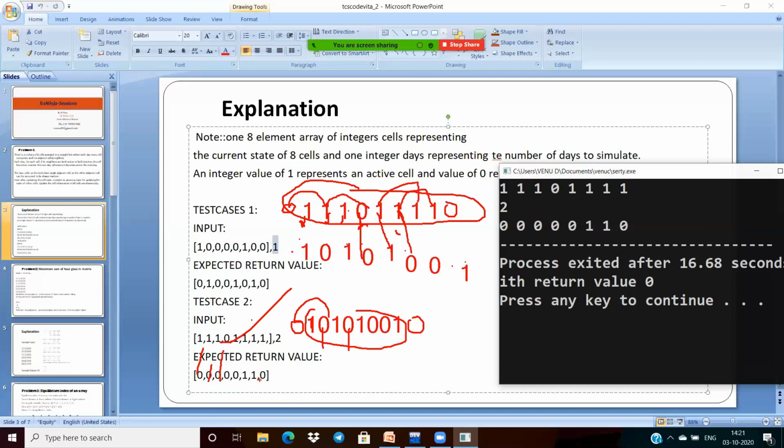Next, 1 1, it is also 0. Next, 0 0, yes, 0. Now 1 0, 1 0 means 1, yes. And 0 1 1, yes. And 0 0 0 0 are neighbors, so 0. Exactly, I'm getting the correct one.